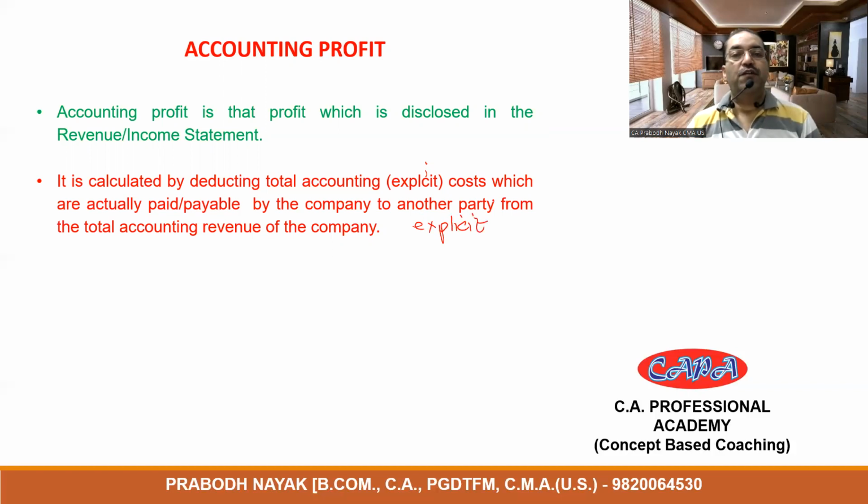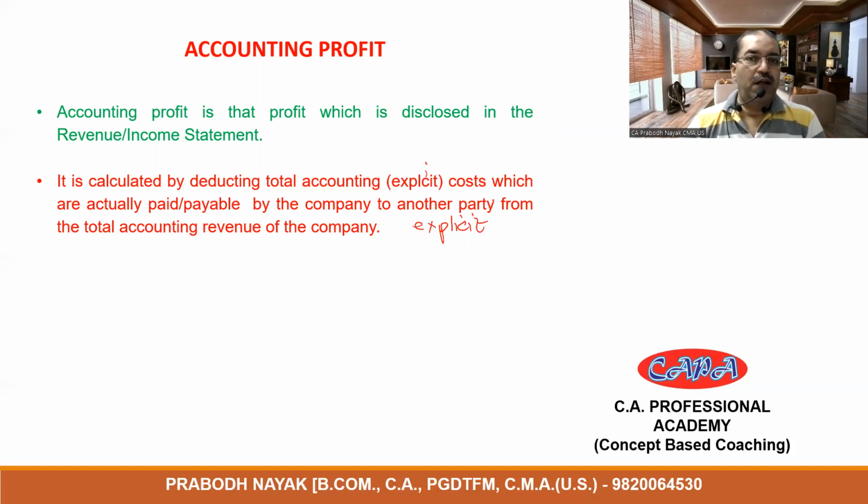So it is the cost which is actually paid or payable by the company towards, let us say, purchase of raw materials, wages paid to workers, electricity bill paid, rent expenses paid, salaries paid, advertising expenses paid. So all the expenses which are incurred, including depreciation, all the accounting expenses which are actually paid for or payable by the company, are called explicit costs.